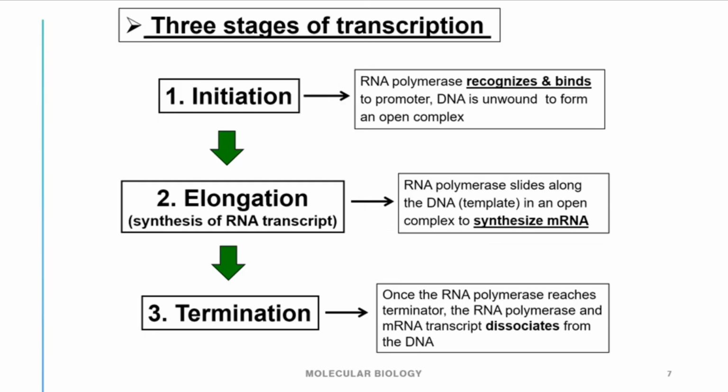And lastly, termination. Once the RNA polymerase reaches the terminator region of the gene, the RNA polymerase and the mRNA transcript will dissociate from the DNA, thus terminating the transcription process.